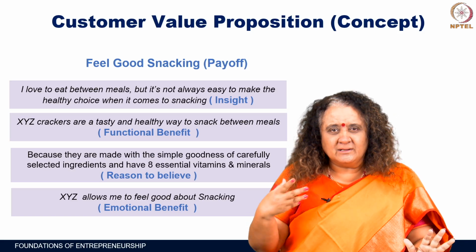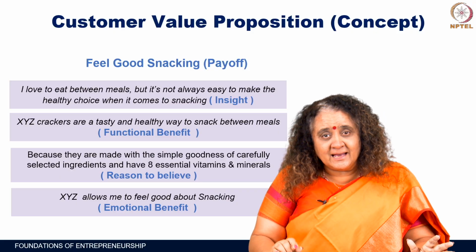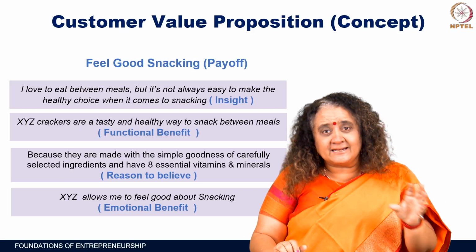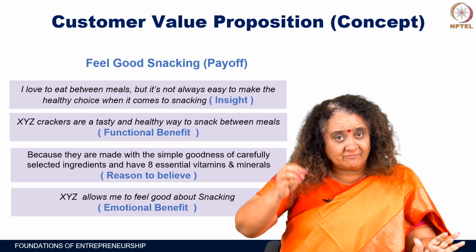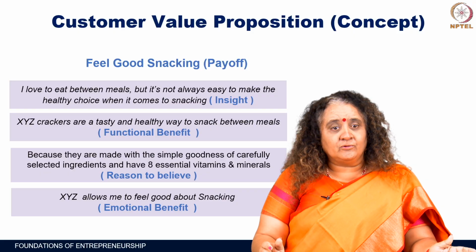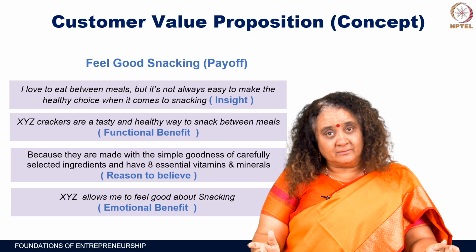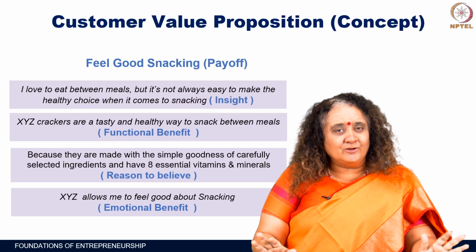So, we did not have to tell you why it is tasty, we needed to tell you why it was healthy, and therefore, we added a line about the carefully selected ingredients and about the 8 vitamins and minerals that have been added into this product. And the emotional benefit therefore was XYZ crackers allows me to feel good about snacking. The 2-word or 3-word payoff is feel good snacking.